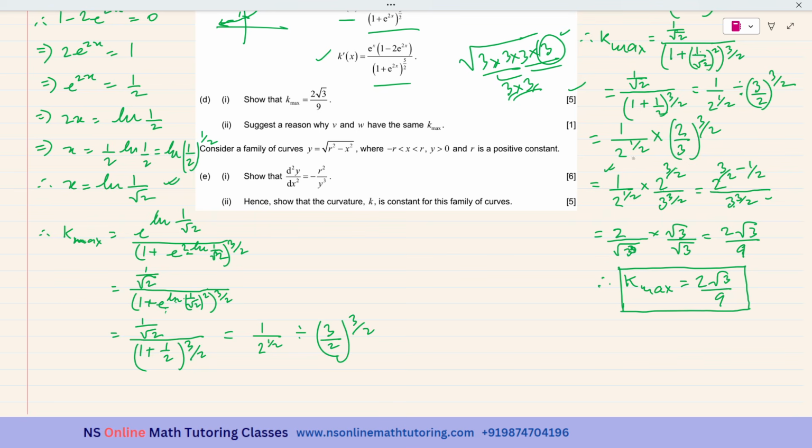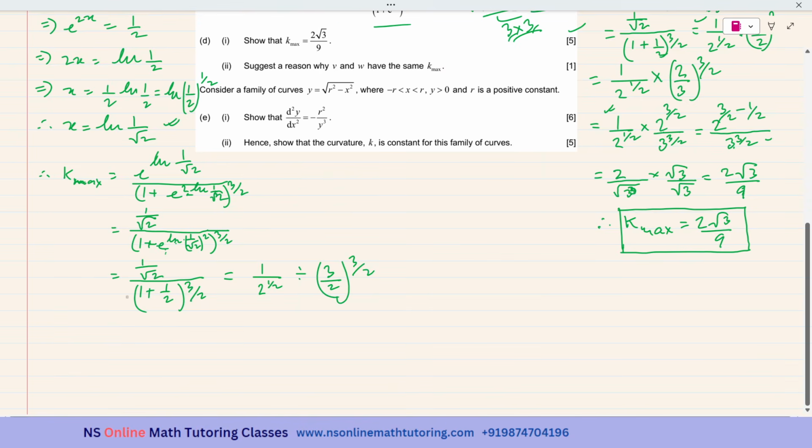See, it is exactly the same. 1 over 2 raised to the power of half divided by 3 over 2 raised to the power of 3 over 2. Okay? So therefore, it is equal to 1 over 2 to the power of half times 2 to the power of 3 over 2, divided by 3 to the power of 3 over 2.